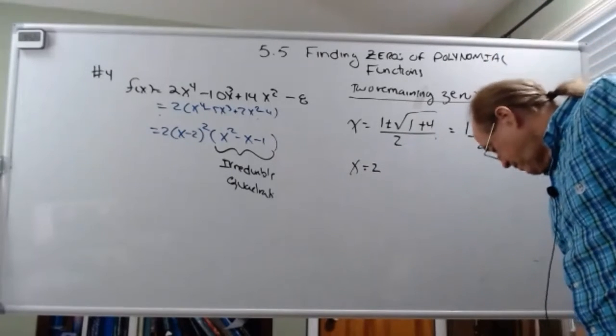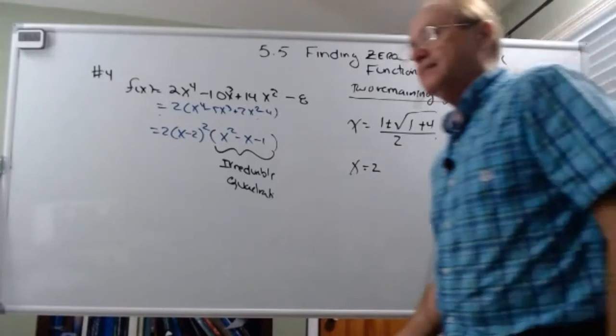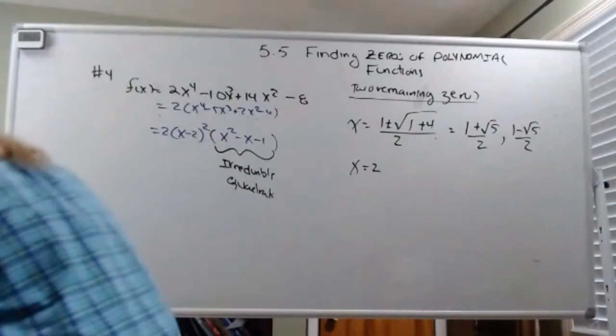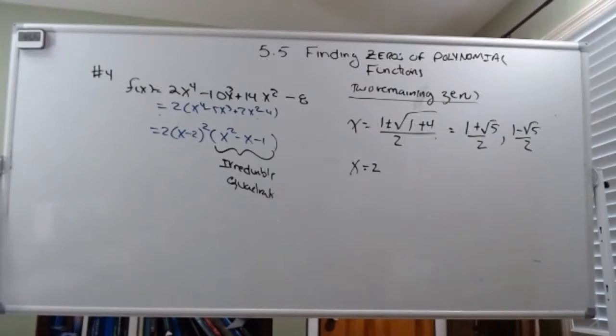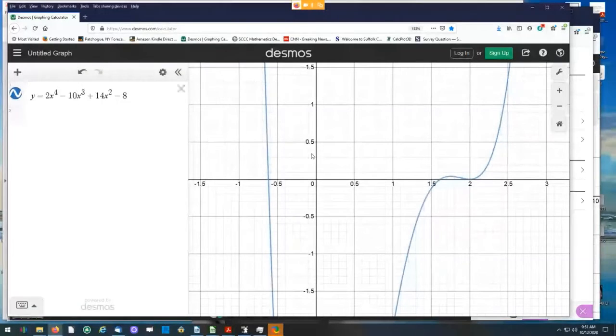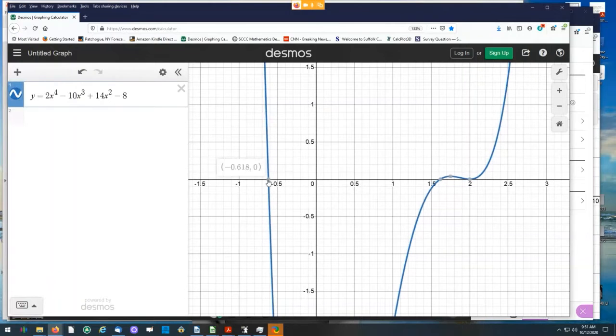And if we plug that into our calculator, we'll see that's exactly the value, rounded to the thousandths place, that we were getting from Desmos. So remember this value over here, we got this one, negative 0.618.